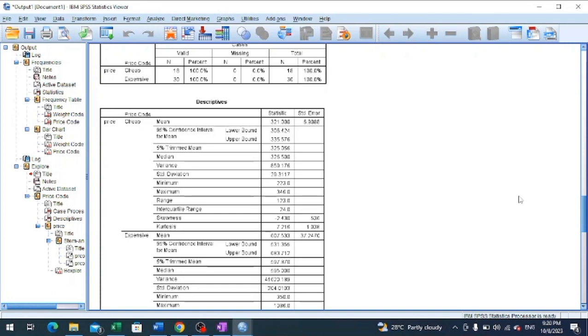Vice versa, if the mean exceeds the median value, then it indicates that the data are positively skewed. Here in our case, the mean price is 321, whereas the median price is 326.5. The median is greater than the mean, therefore it initially indicates negatively skewed data.